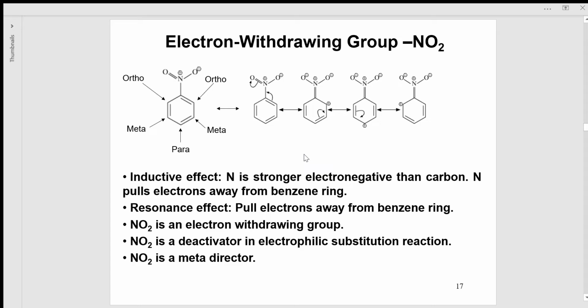If you have an electrophile which bears a positive charge, it avoids attacking those, but the two meta positions don't have extra positive charge. That's why we see the nitro group is a meta director. So if we have an electrophilic substitution reaction, it is going to occur either here or here, but not here, not here, not here.